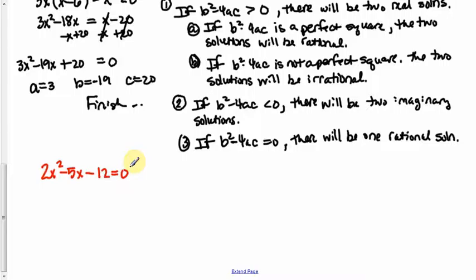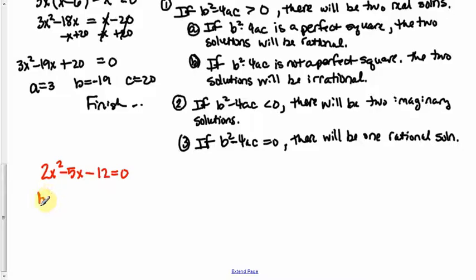If I only ask you how many and what type of solutions, that means all you have to do is compute b squared minus 4ac and see which one of these cases it fits into, okay? If I ask you how many and what type, and then I ask you to solve it, then you would have to go ahead and do the quadratic formula as well like we did previously. But I just want to know how many and what type.